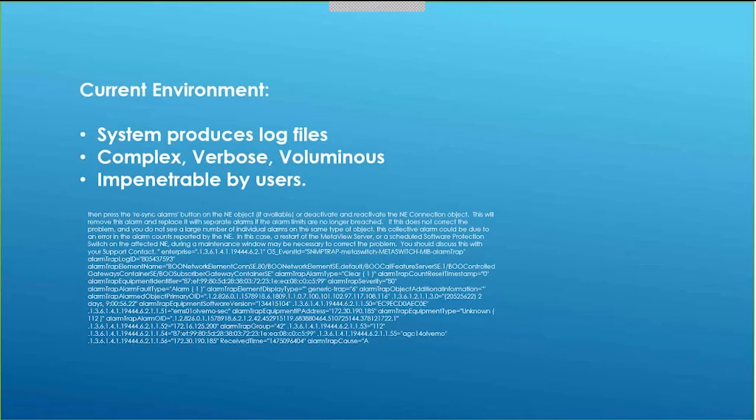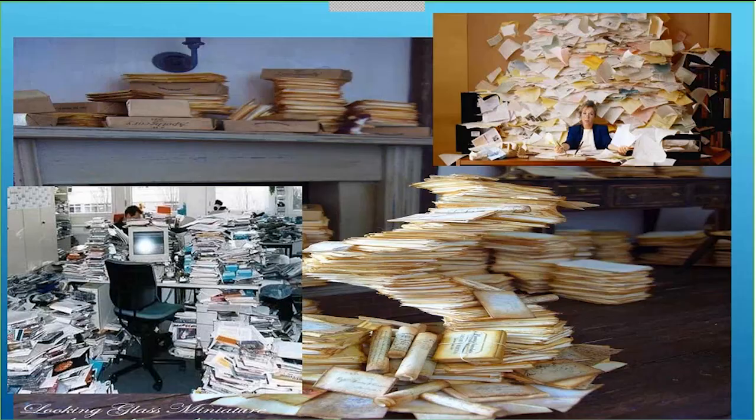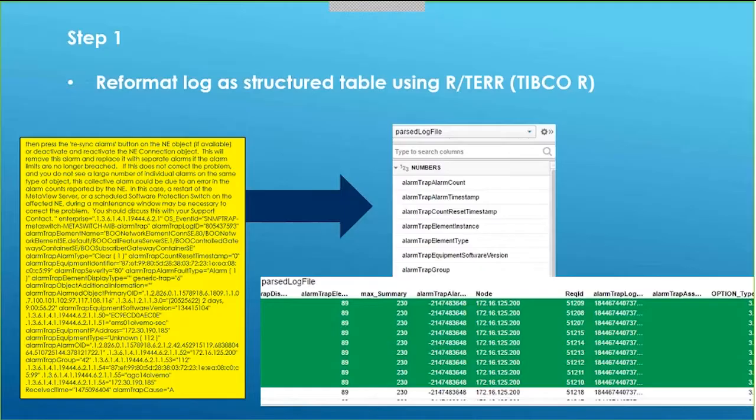Let's look at the current environment that we started with. Basically, the small print over here is somewhat unreadable log file, and these log files have a lot of information in them, but they're not user friendly. They're user hostile, one would say, and basically what you get is a situation like this where you have a lot of information but no understanding of what's going on.